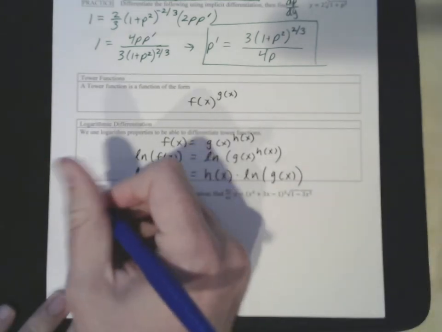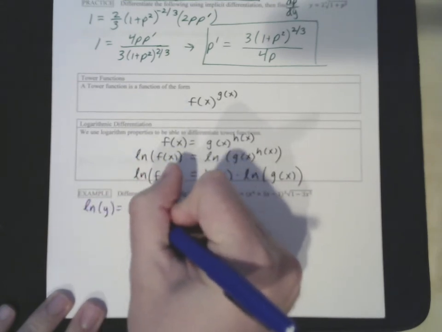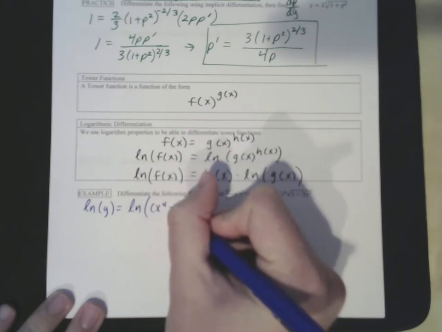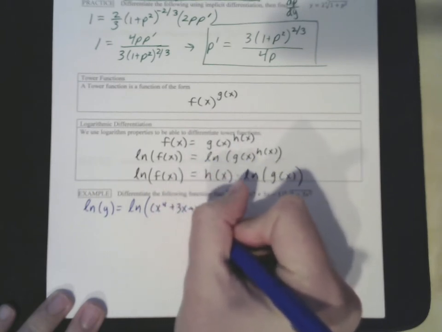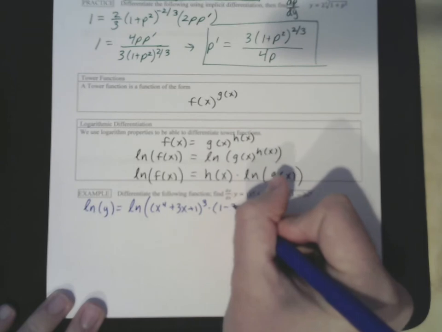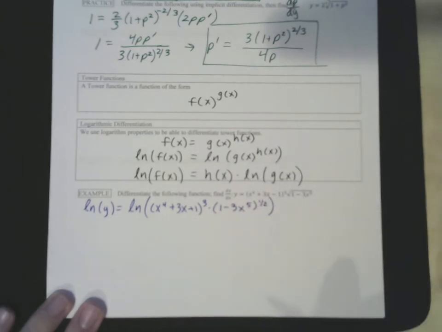So if we take the ln of both sides, we have ln y equals ln of x to the fourth plus 3x plus 1 cubed times, I'm going to write this as the 1/2 power, 1 minus 3x to the fifth to the 1/2 in that logarithm.